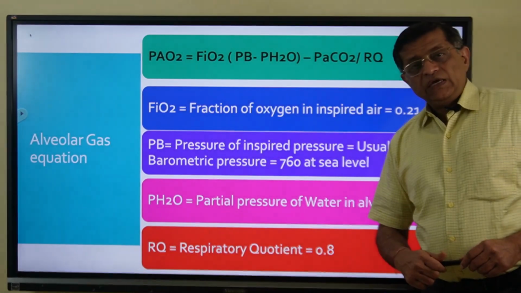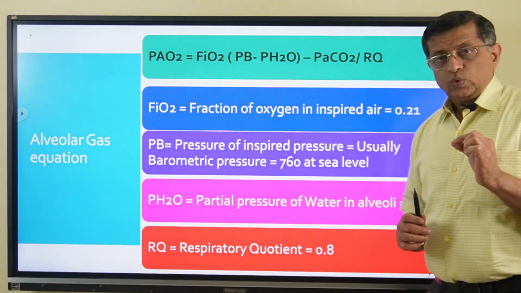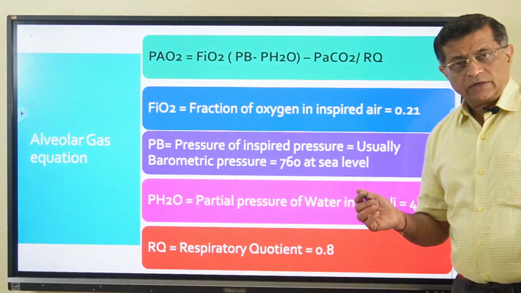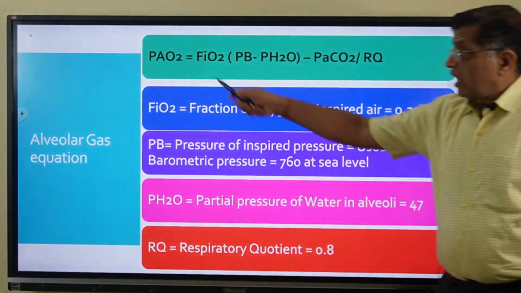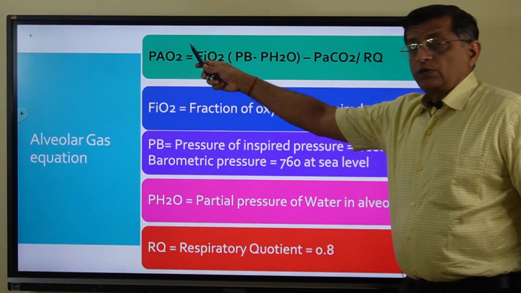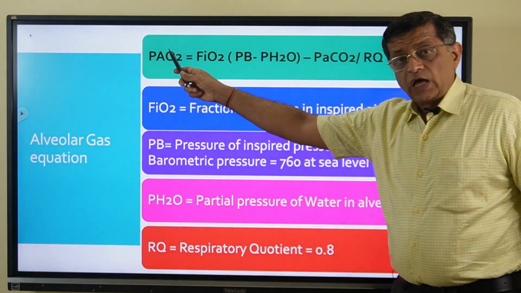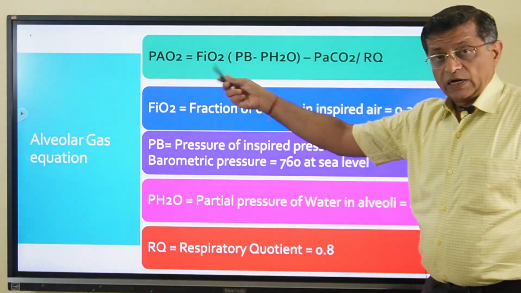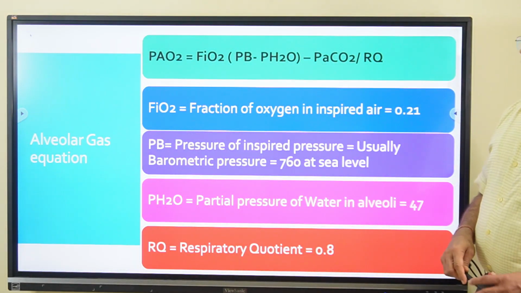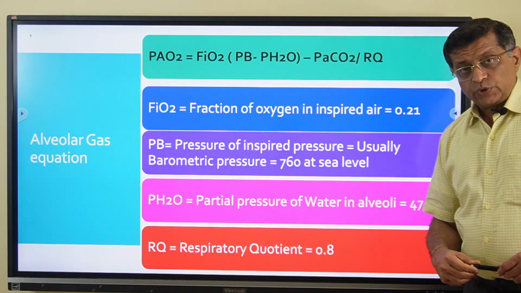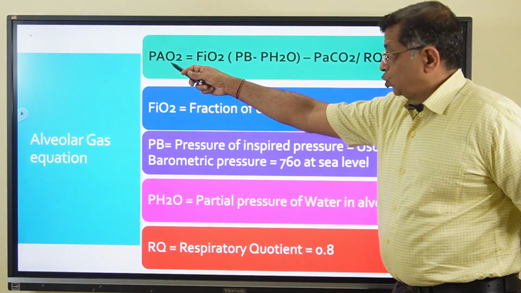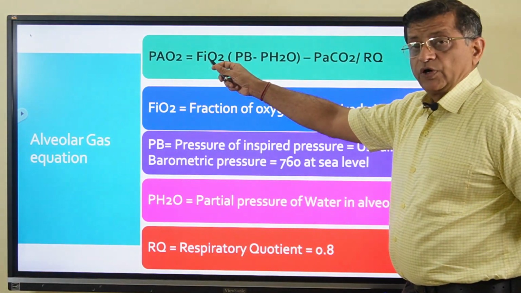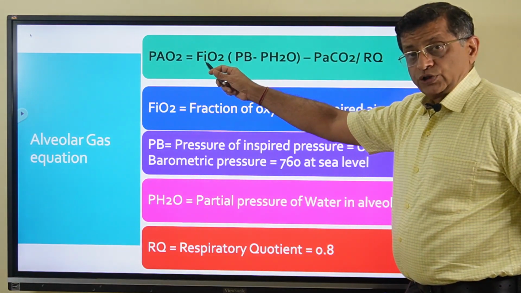Now, PaO2, small a, is directly measured in the ABG. But large A, PAO2, the partial pressure of oxygen in the alveolus, has to be calculated. So it is calculated by the alveolar gas equation. The alveolar gas equation is PAO2 is equal to FiO2, FiO2 meaning fraction of oxygen in inspired air.